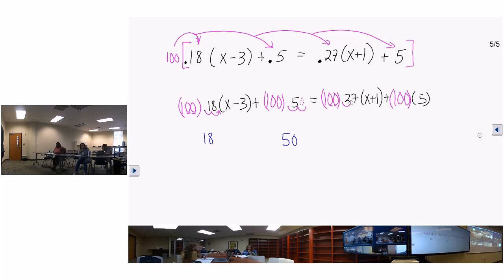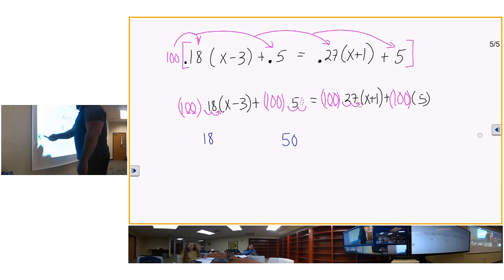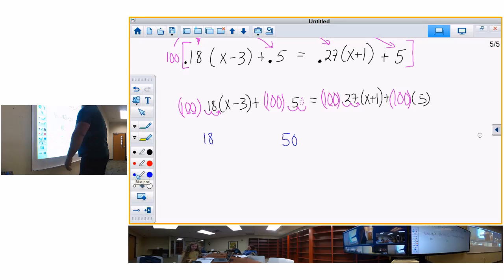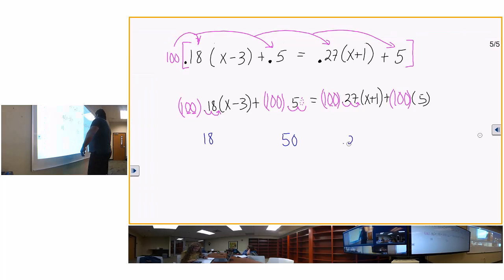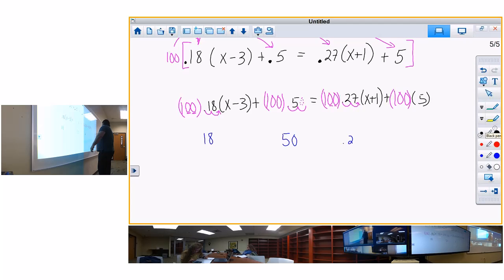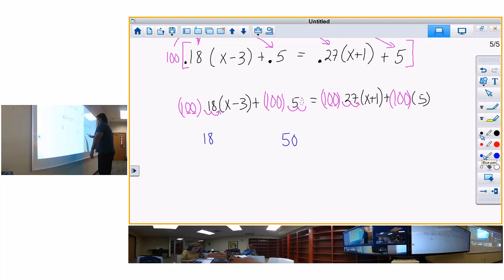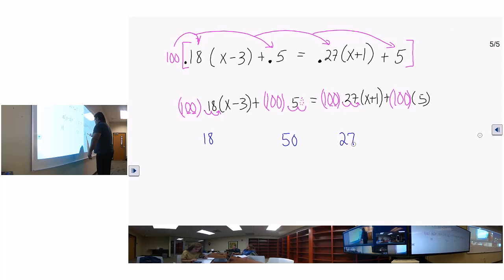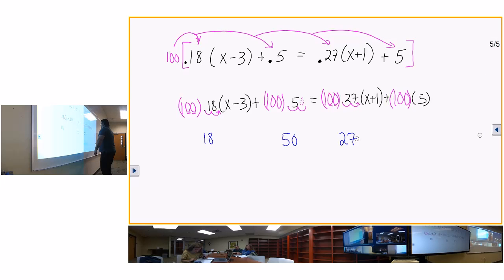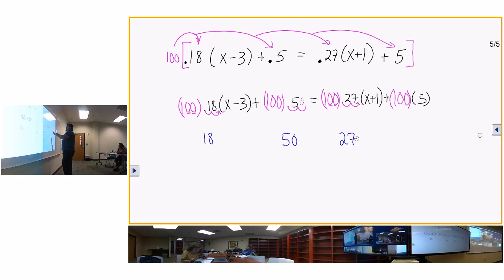It helps. So that's going to be 27. I'm sorry, 0.27 becomes 27. I'm worried about the colors so much, I can't even think. And then 100 times 5. Y'all should be able to do that in your head.